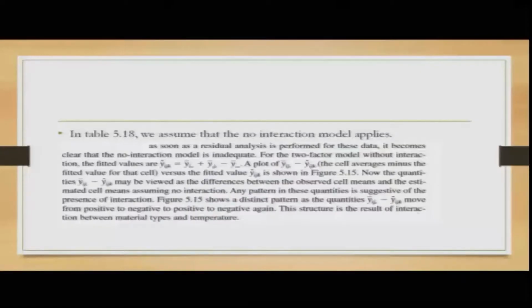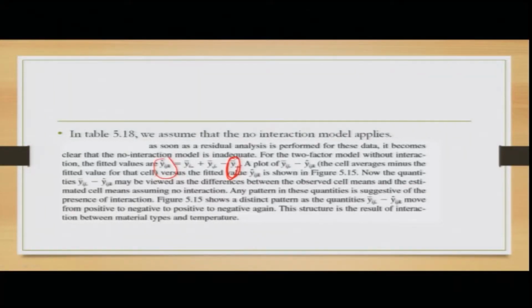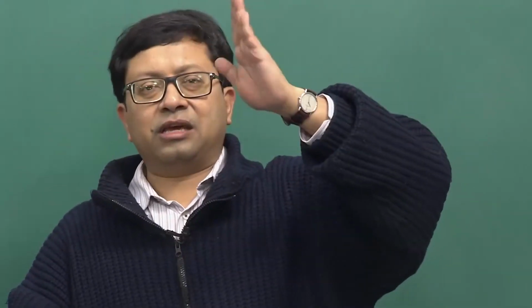If I want to find the estimated value, it will be equal to the following sum. We take the sum for a fixed value of i and all values of j and n, then fixed values of j for all values of i and n, add them up, and subtract the average of the averages, which is y bar dot dot dot, which I am circling. Basically, keeping one row fixed, I add up for all the columns and all the n's, then keep the column fixed and find the average for all the rows and all the n's.